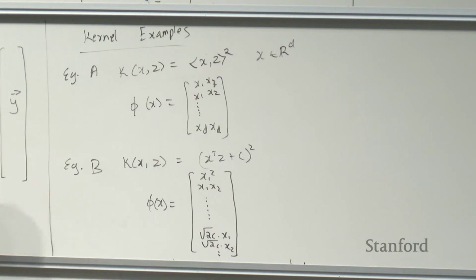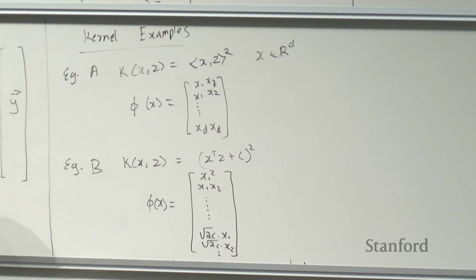And also one would imagine that the order in which we presented kernels was that first we came up with a feature vector, and then we saw that the feature vector could have been represented as a more compact kernel.